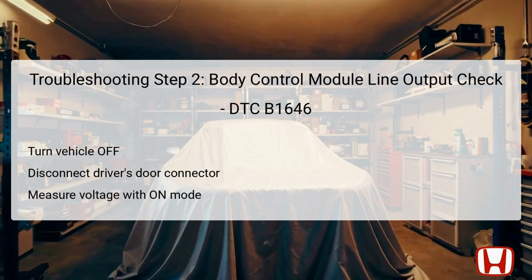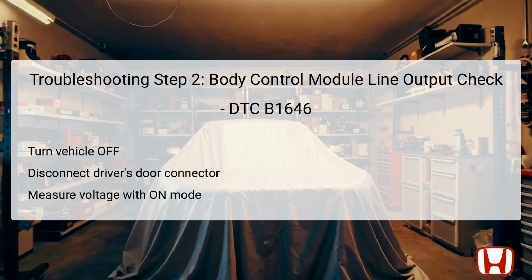In the second step of troubleshooting for DTC B1646, begin by ensuring the vehicle is in the off/lock mode. Next, disconnect the driver's door outer handle 8P connector to isolate the LF antenna circuit. After this, switch the vehicle to the on mode and proceed to measure the voltage between specified test points on the now disconnected 8P connector.